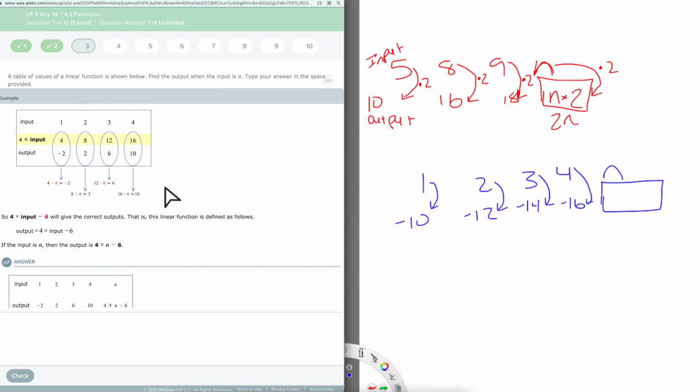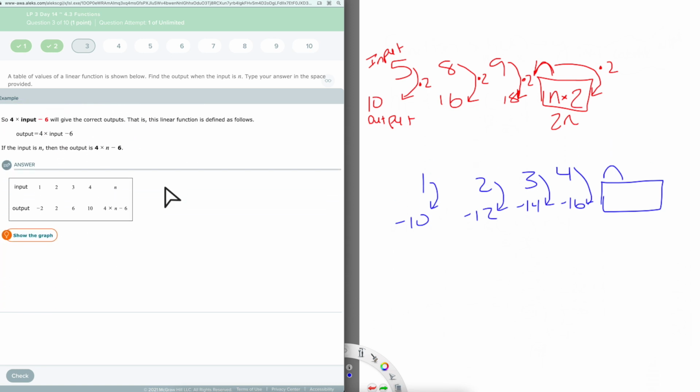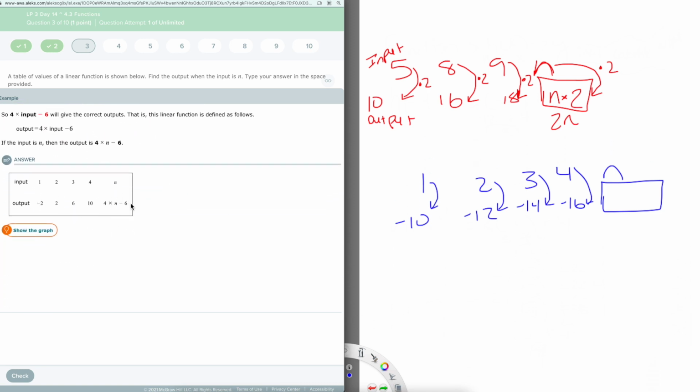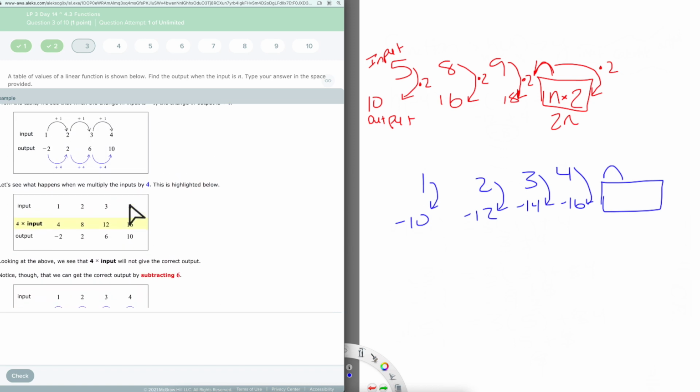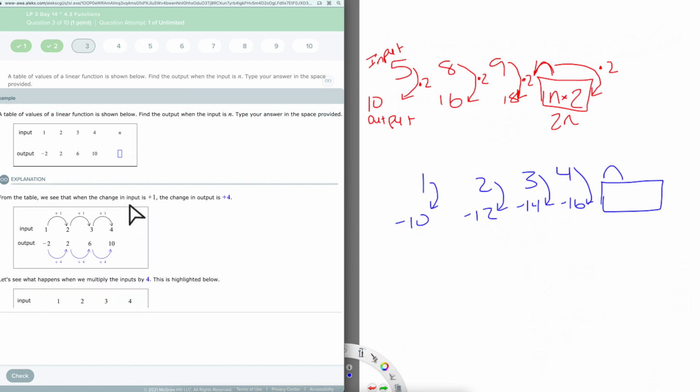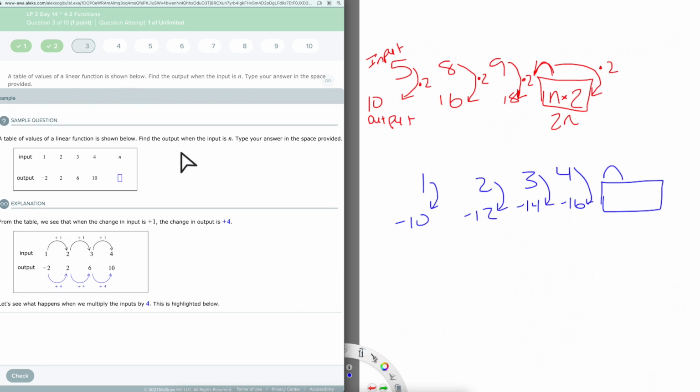Okay, so they are looking at multiple steps here. So 4 times the input and then minus 6 if we look at this one. So they are going to be expecting us to find a multi-step one. They just don't really have that in the title here. And you wouldn't necessarily know that until you tried it out and said, well, I can't do just multiplication or subtraction or addition or division. I'm going to have to do more than one thing here.